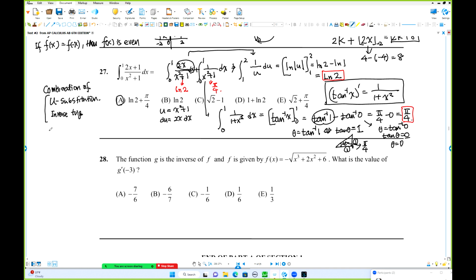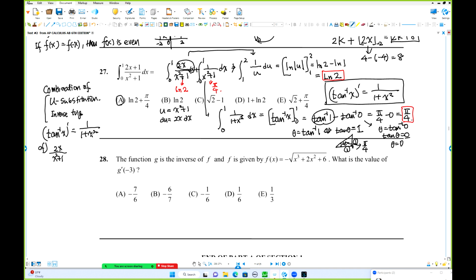So to memorize this one, okay? The derivative of arctangent x equals 1 over 1 plus x squared, okay? A little different form, okay? Compare this one: 2x over x squared plus 1.